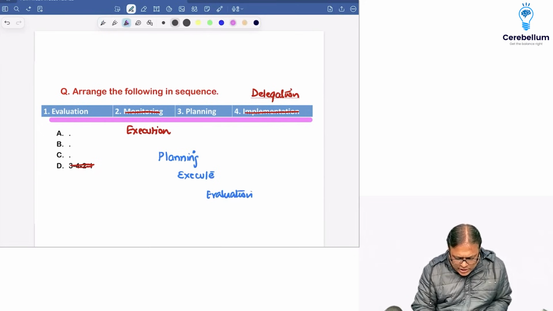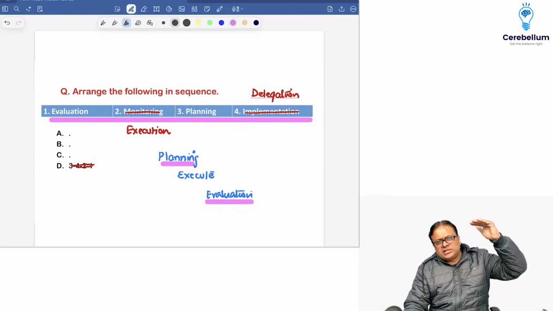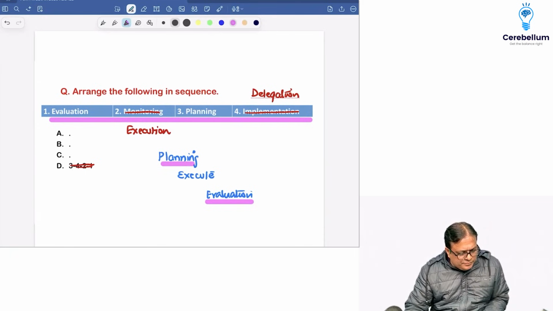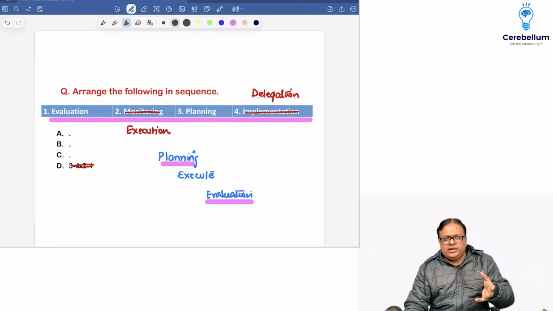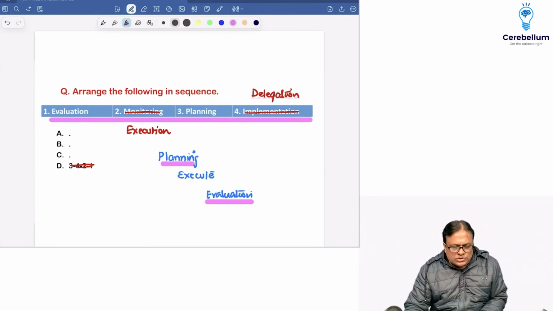Whatever else was given will lie in between. The planning cycle starts with planning and ends with monitoring and evaluation. Delegation will also come in between if it was there in the choices. How you delegate is the word for implementation or execution, right?